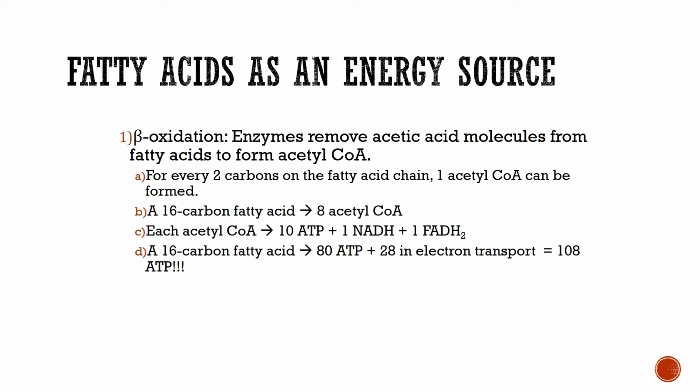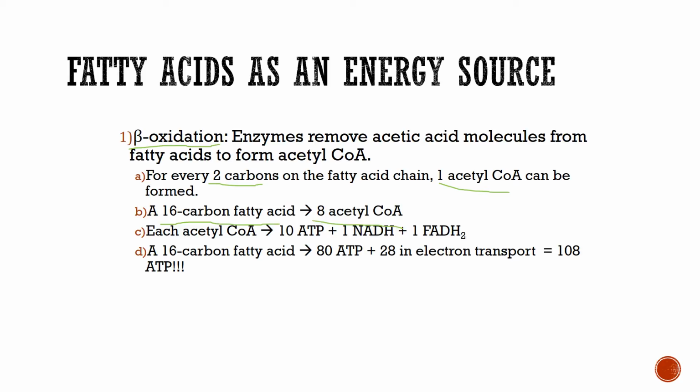The reaction that occurs for fatty acids to be used as energy sources is called beta oxidation. This is where enzymes remove acetic acid molecules from fatty acids and make acetyl-CoA. For every 2 carbons on a fatty acid, 1 acetyl-CoA will be formed. So if we have a 16 carbon fatty acid, we'll generate 8 acetyl-CoA.